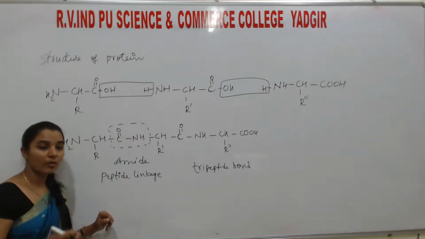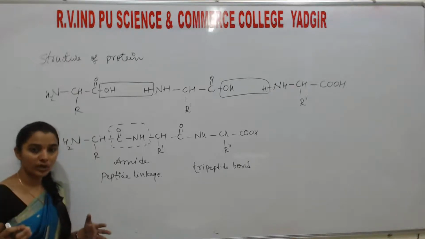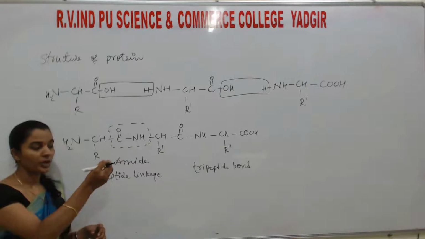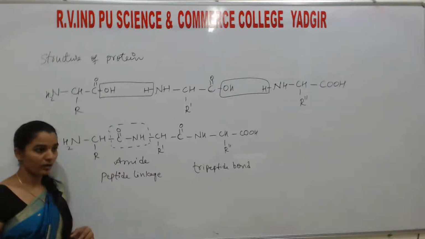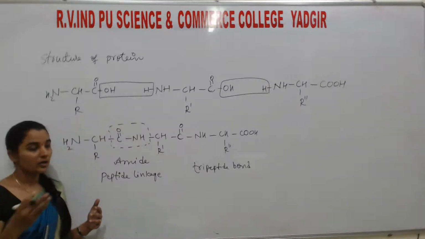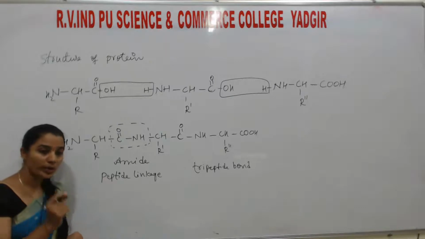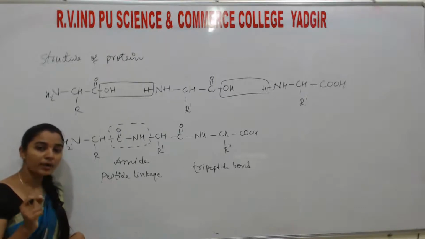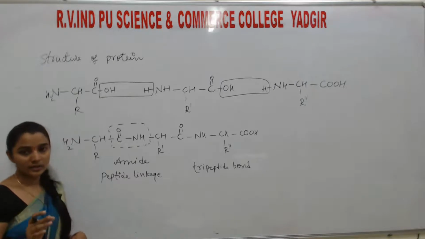So according to the number of amino acids involved in the formation of the protein, we name the peptide. If 4 amino acids, tetra. If 5, penta. If 6, hexapeptide. 7, 8, 9, 10, decapeptide, like that. More than 100, that's why they are called polypeptides. So proteins are polypeptide polymers of the alpha amino acids.